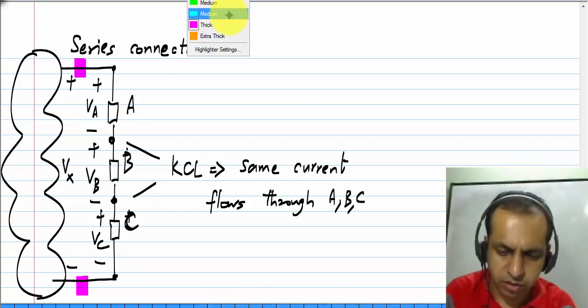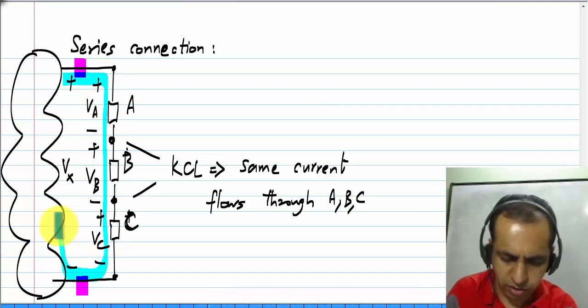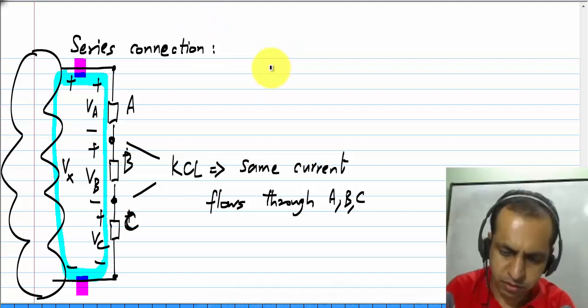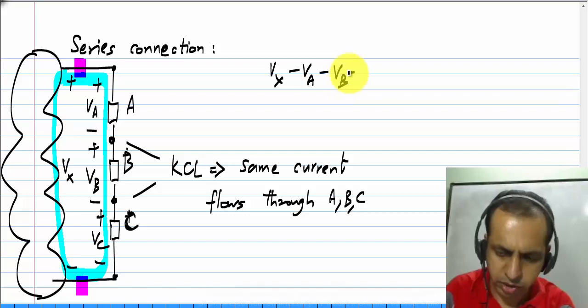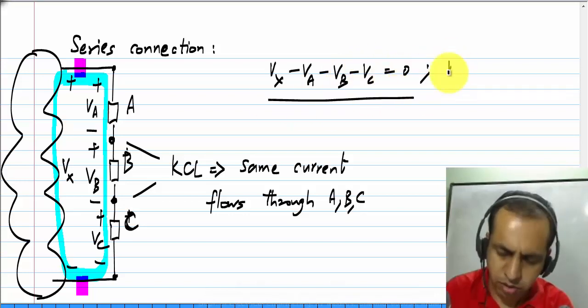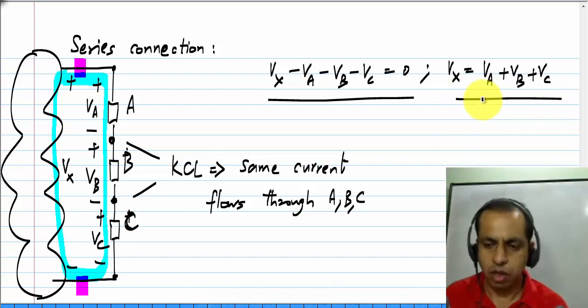Then we can write the Kirchhoff's voltage law equation around this loop as Vx minus Va minus Vb minus Vc equals 0, or Vx equals Va plus Vb plus Vc.